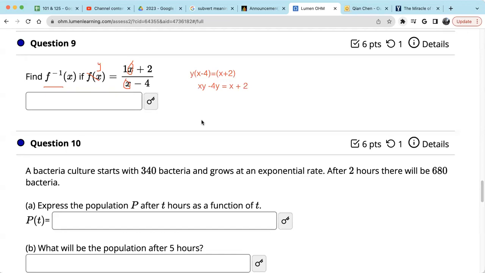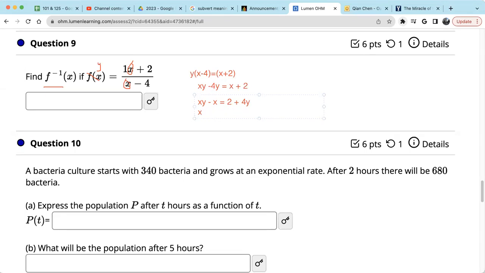I want to solve for x, so I need to put the x terms together. So I do xy minus x, moving positive x from the right-hand side to the left, equals 2 plus 4y. Moving negative 4y from the left-hand side to the right-hand side becomes positive.